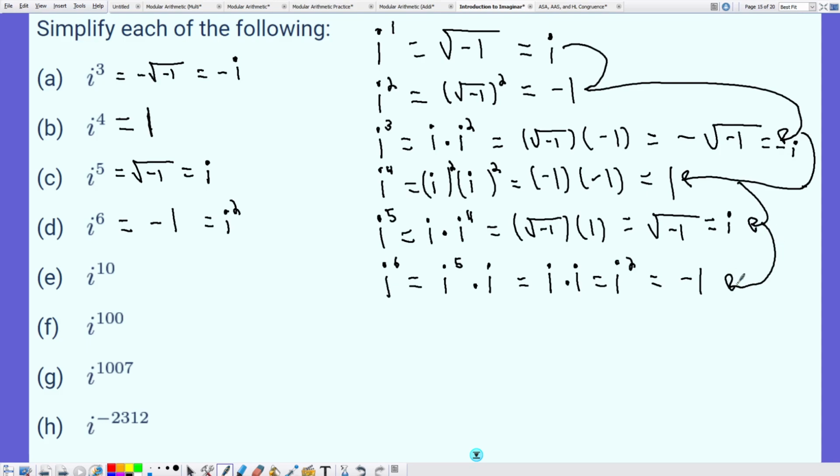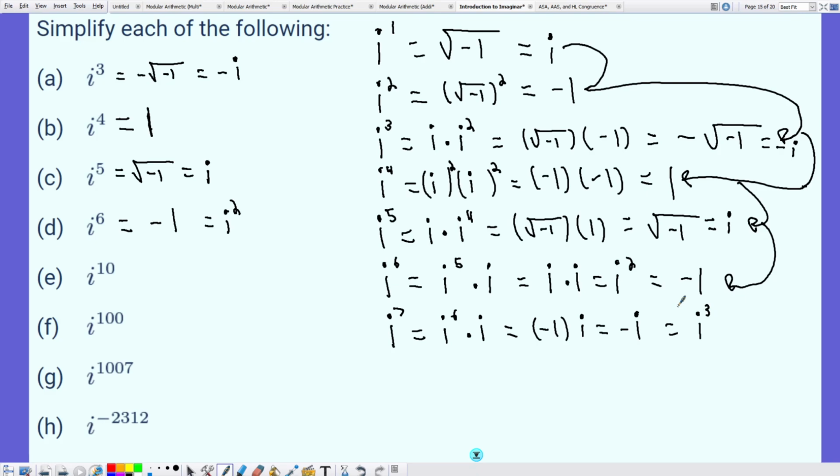If we were to do i to the 7th, that's just i to the 6th times i, and i to the 6th is negative 1, times i gets us negative i, which is also the same thing as i to the 3rd.